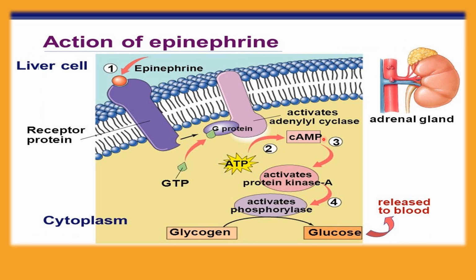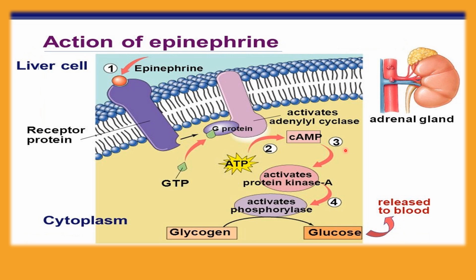This cyclic AMP then acts on the protein kinase enzyme and activates this enzyme. When this enzyme activates, it further activates another enzyme known as phosphorylase enzyme. This activated phosphorylase enzyme will lead to the conversion of glycogen to glucose, which is released to the blood.